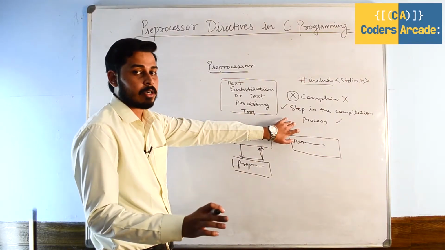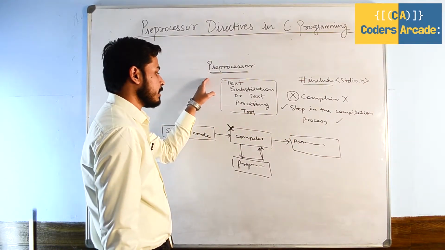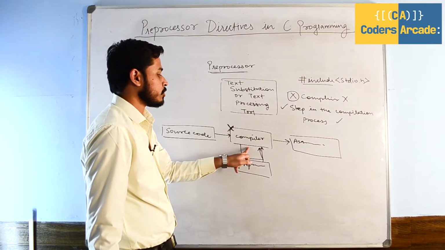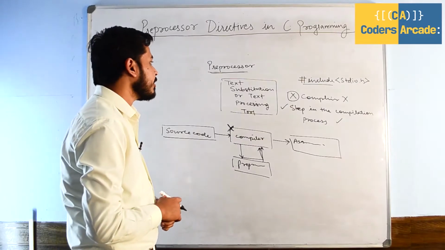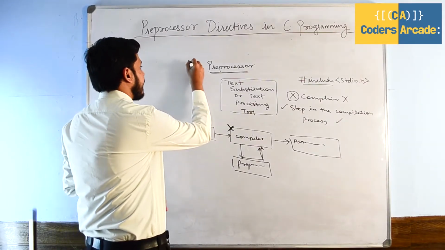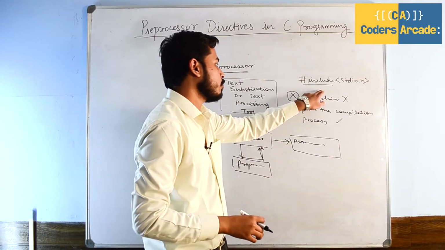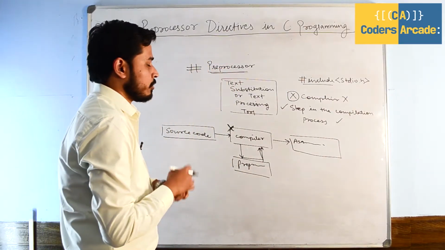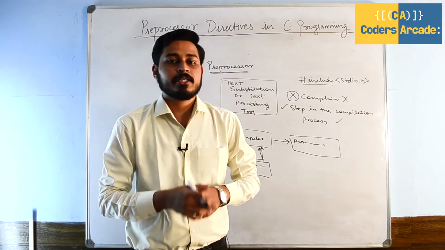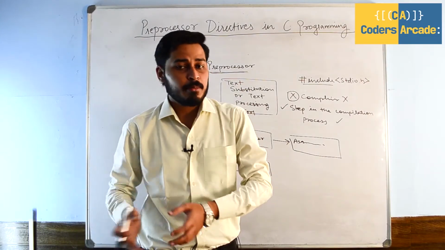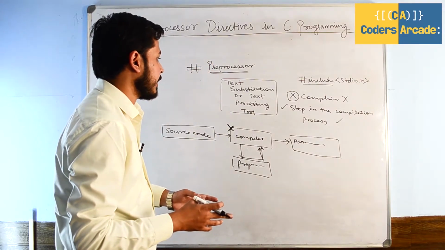That is very important, because the preprocessor first preprocesses the source code, and then it goes to the compiler. A preprocessor directive always starts with a # symbol, so #include stdio.h. There are many others: #include stdlib.h, #include process.h, or #include math.h. So there are many preprocessor directives.